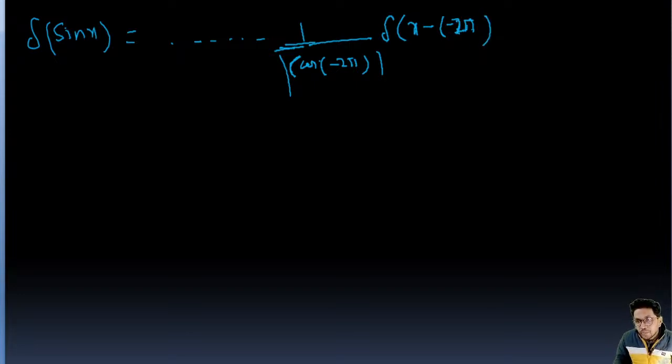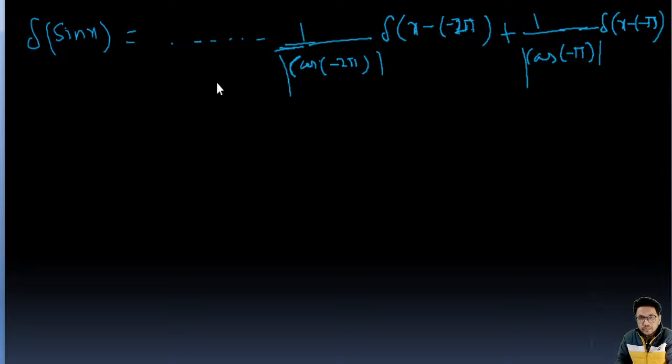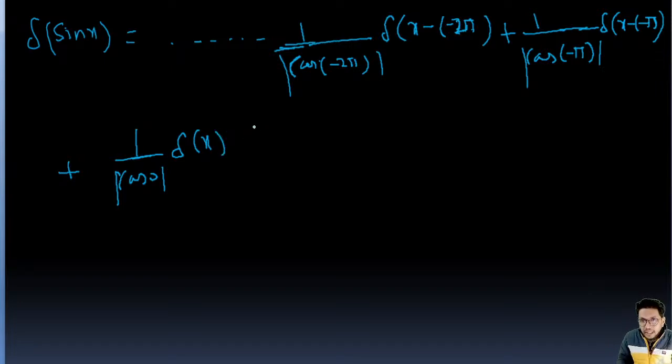Plus, for n equal to minus 1, 1 upon mod cos minus pi, delta x minus minus pi. Plus, taking n equal to 0, 1 upon mod cos 0, delta x minus 0, so delta x. And then n equal to 1: 1 upon mod cos pi, delta x minus pi.